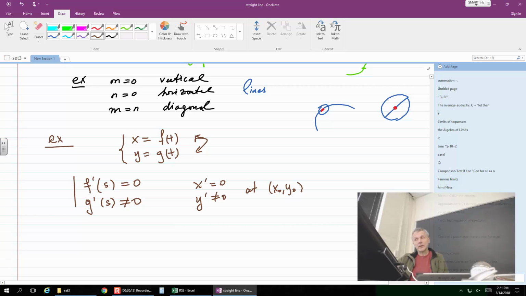The answer is that this is what your curve looks like if you zoom in. This is just one location. If you zoom in, it's going to look like this. It's vertical. It might be going up or going down.